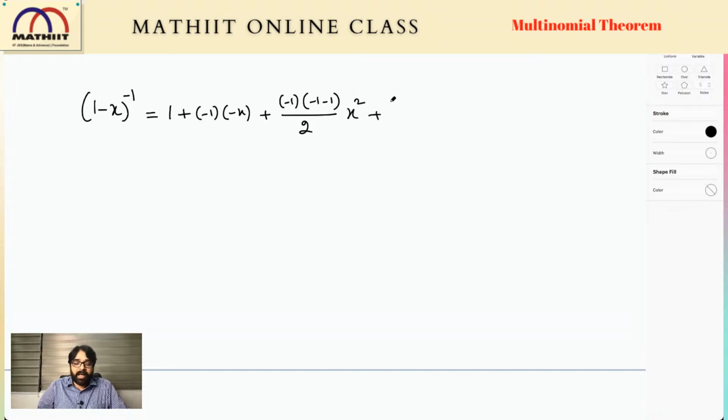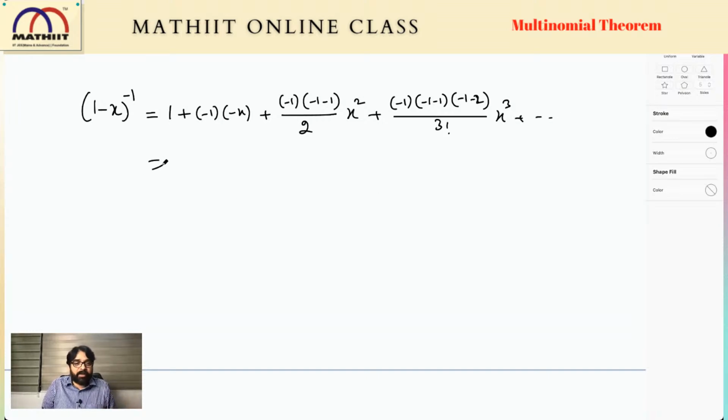Plus n into (n minus 1) into (n minus 2) divided by 3 factorial into x cube, plus so on.